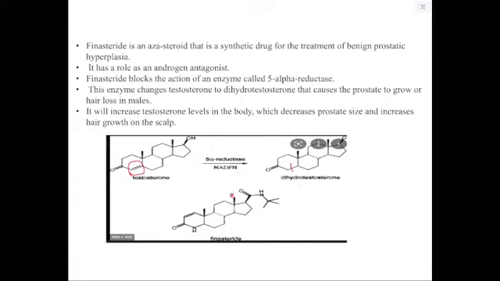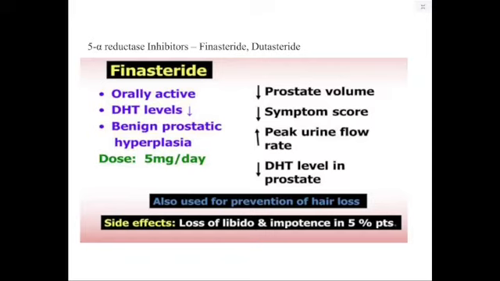You can see the structure of finasteride. Finasteride is a steroidal drug, and therefore it has structural resemblance with the normal substrate and is taken up by the enzyme in place of the normal substrate. So we are saying 5-alpha reductase inhibitors will prevent the conversion of testosterone to dihydrotestosterone.